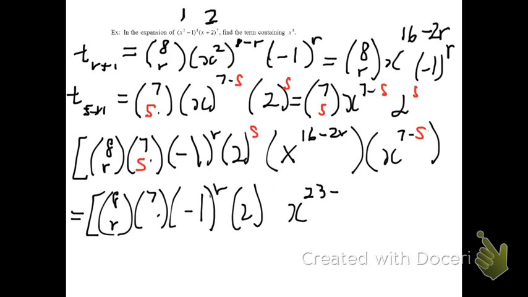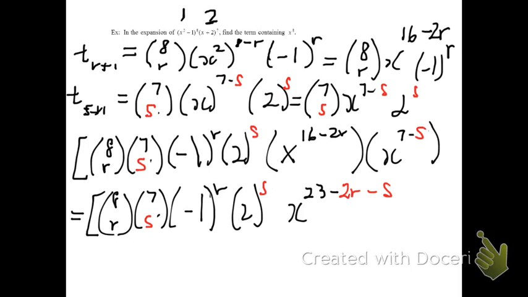So 7 choose S, 2 to the power of S, and so it becomes 23 minus 2R minus S.